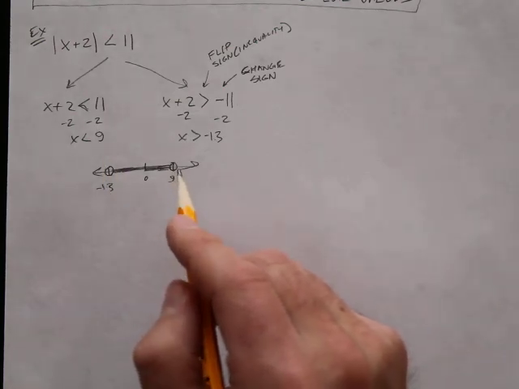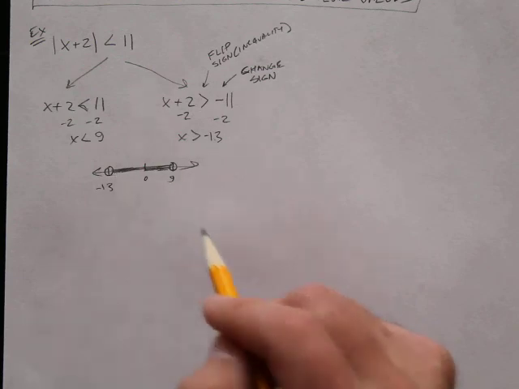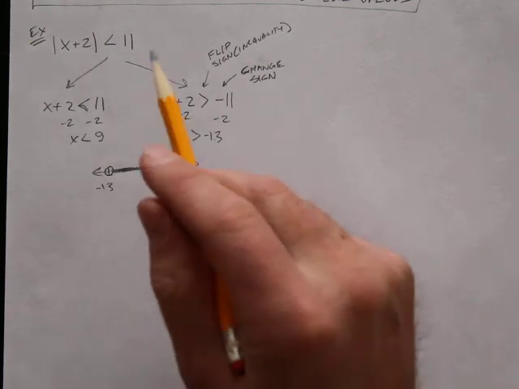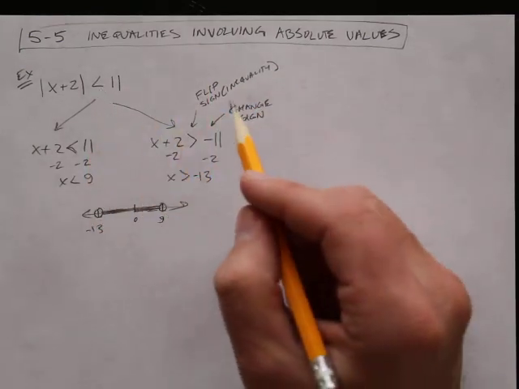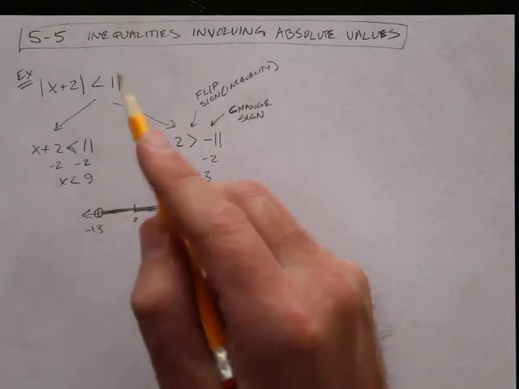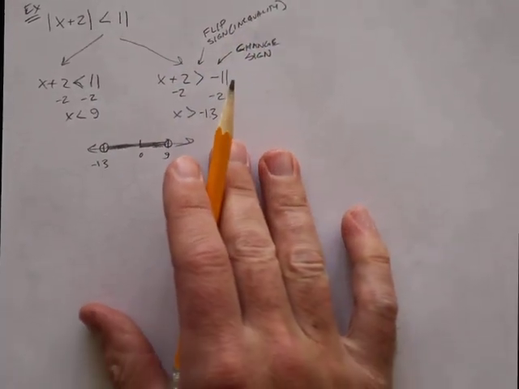So we know this is an AND situation in this case. Another way to know that this is an AND situation is if we have less than here, then we know we're talking about an AND situation.